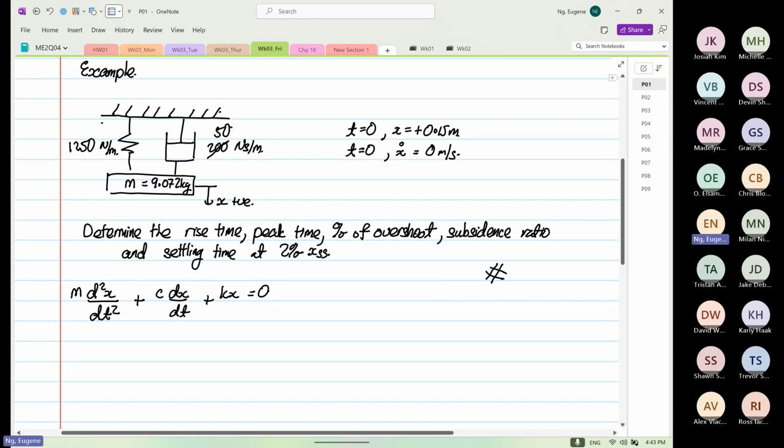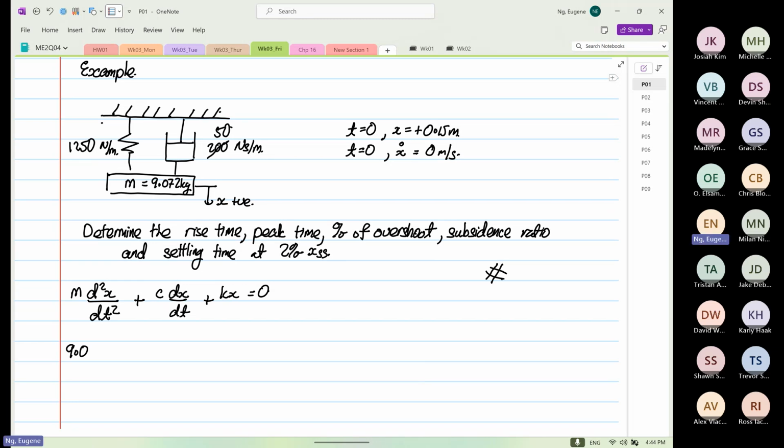So from here, we know the mass. You just start filling in numbers, right? The mass is 9.072 d squared x over dt squared, plus the c is 50 dx by dt, plus the k is 1250x, and the whole thing is equal to 0.